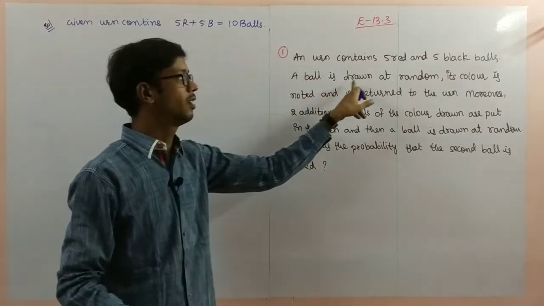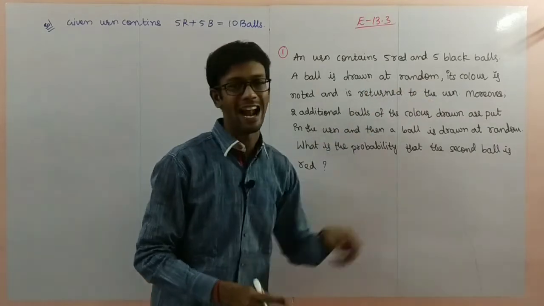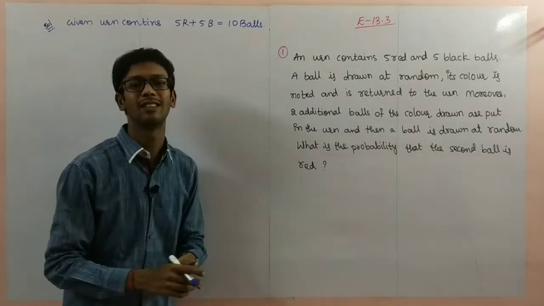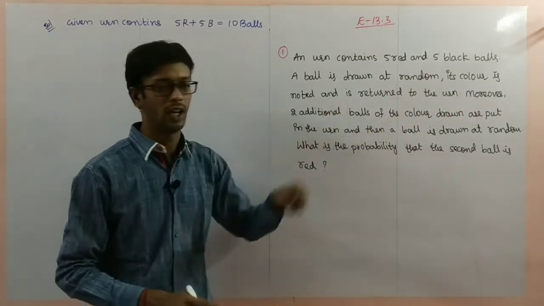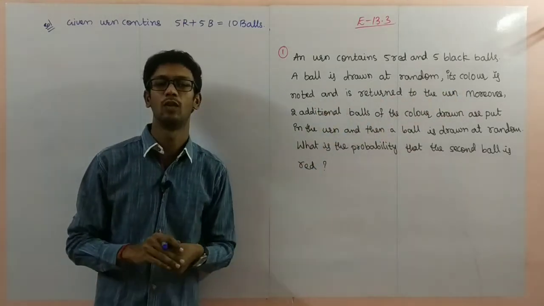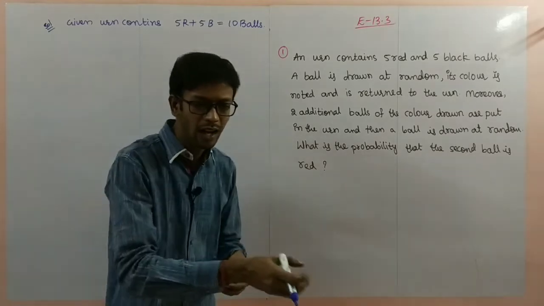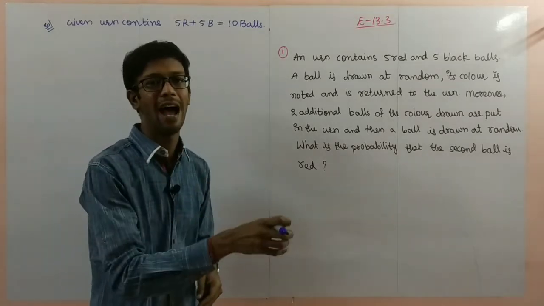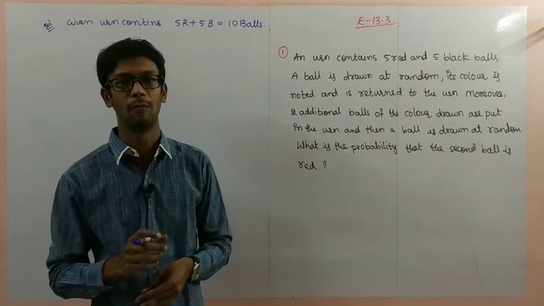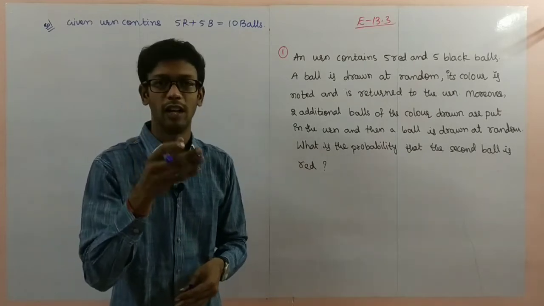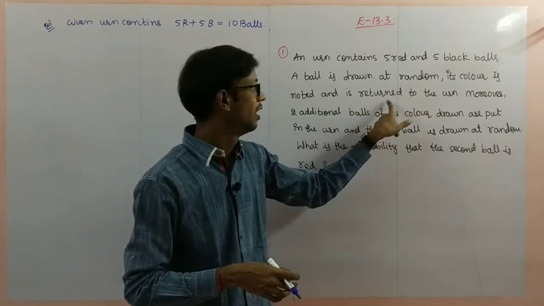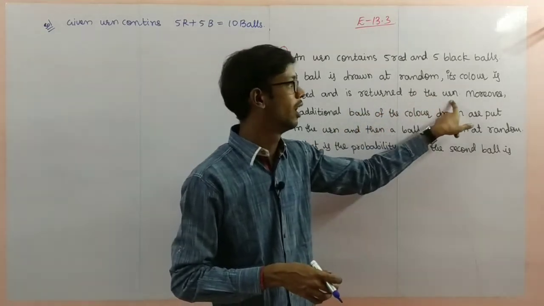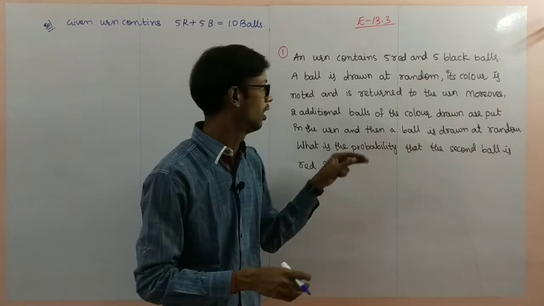A ball is drawn at random. Its color is noted. For example, I am taking a red ball from the bag. If you are getting a red ball, it is returned to the urn.